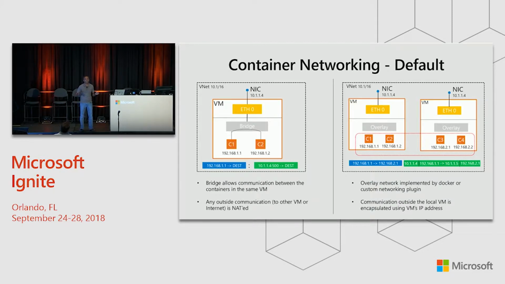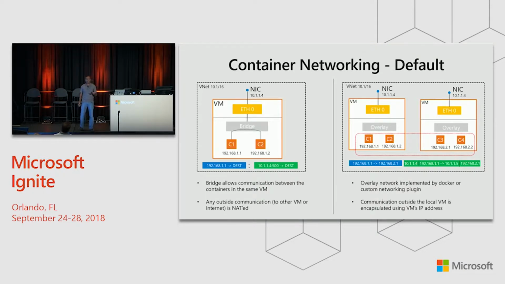You're using that just for identification purposes, but packets cannot be routed using that IP address. So it uses the VM's network interface and encaps it with the VM's IP address and then goes out. The goodness with this is all the ports are usable now, right? Because you're only encapping with the IP of the VM, but you're not changing the ports. So using the encap decap mechanism, you can make this overlay work.